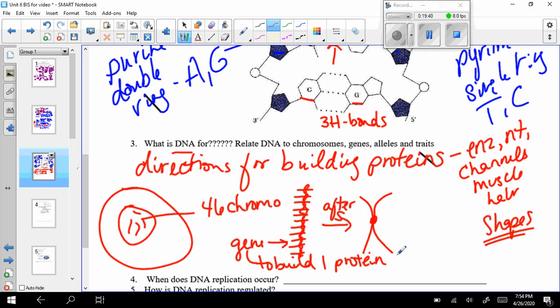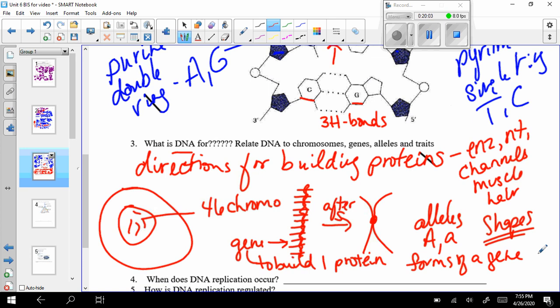Now, the genes do not have to be the exact same code. Different codes for a gene are called alleles. And we refer to alleles as dominant alleles or recessive alleles. These are the different forms of a gene, and those forms are different directions.